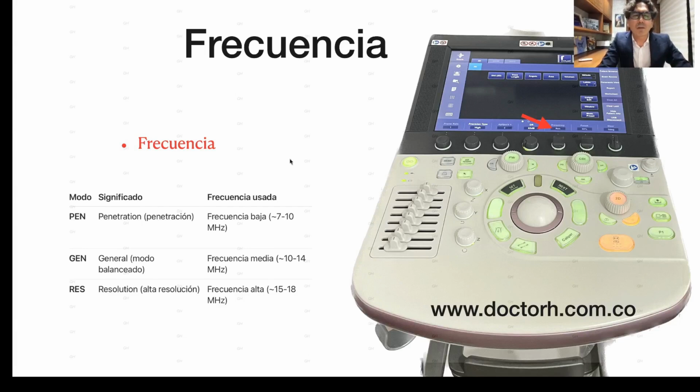By moving this knob, it will give us these 3 possibilities: penetration, general, or resolution, with the first 3 letters always appearing there on the marker. And basically, what this refers to is the frequency range with which it works.